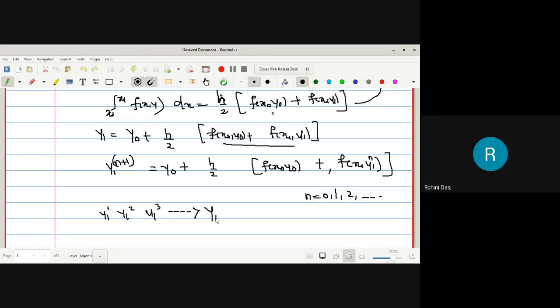Yes, ma'am. In a very similar way, we can find y2 also. What will be the formula for y2? y2 raised to n plus 1 is equal to y naught plus h by 2 f of x naught, y naught plus f of x2, y2 raised to n.